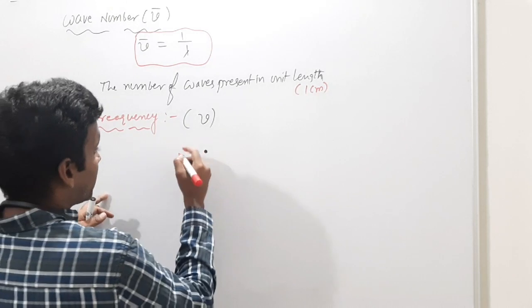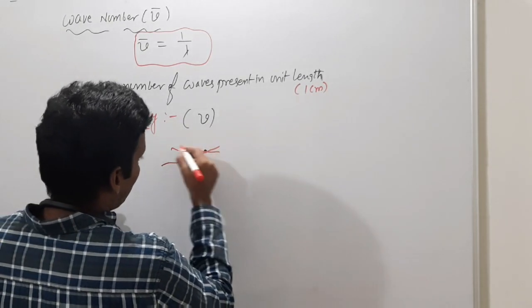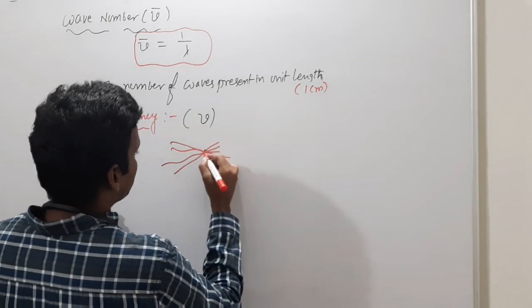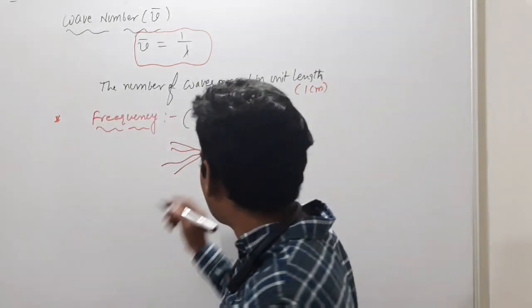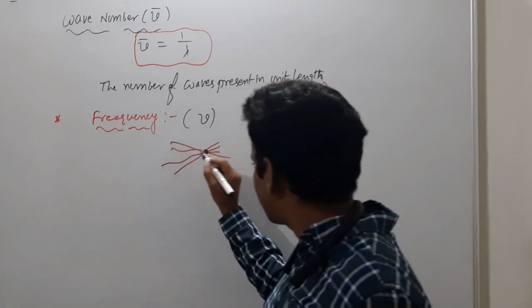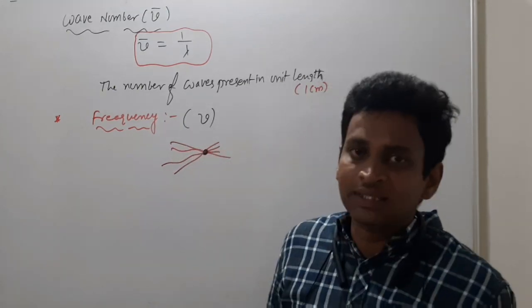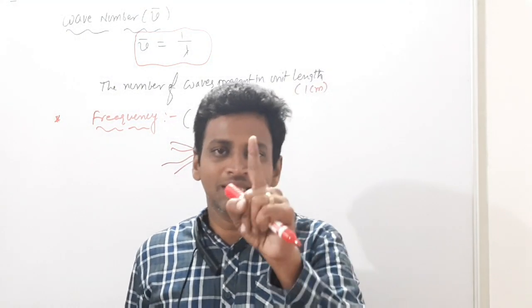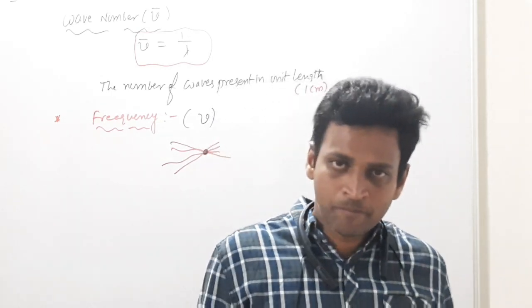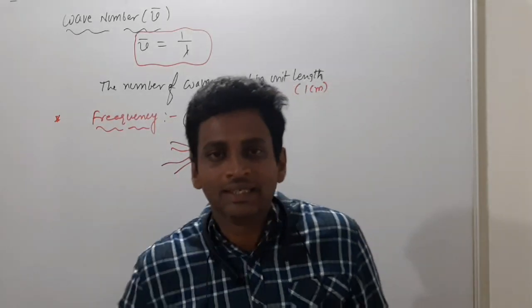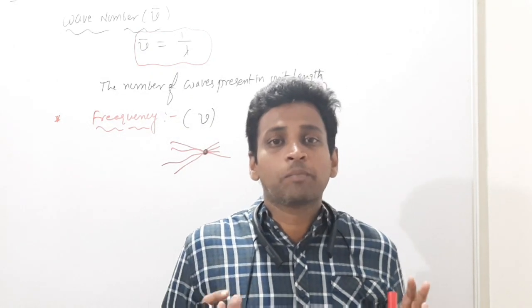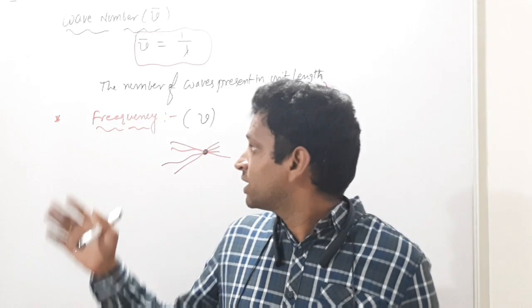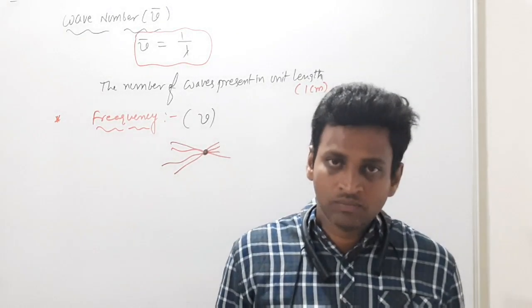How many waves are passing through this point in unit time, that is, per second? So I can now say: the number of waves that pass through a particular point in 1 second is called frequency.